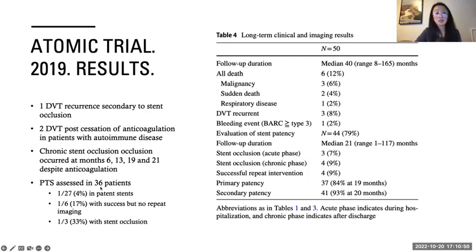Assessment for PTS was completed in 36 patients, and we can see that those with stent occlusion had much higher rates of PTS compared to those with patent stents, 33% versus 4%. But again, this is a retrospective trial, it's limited, and the number of patients who had stent occlusion was very small compared to those who had patent stents.